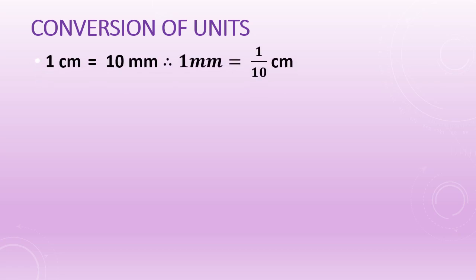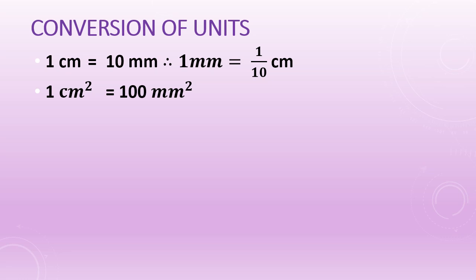First we can see the conversion of units. 1 centimeter equal to 10 millimeter, that you know. So 1 millimeter equal to 1 upon 10 centimeter. 1 centimeter square equal to 1 centimeter multiplied by 1 centimeter.